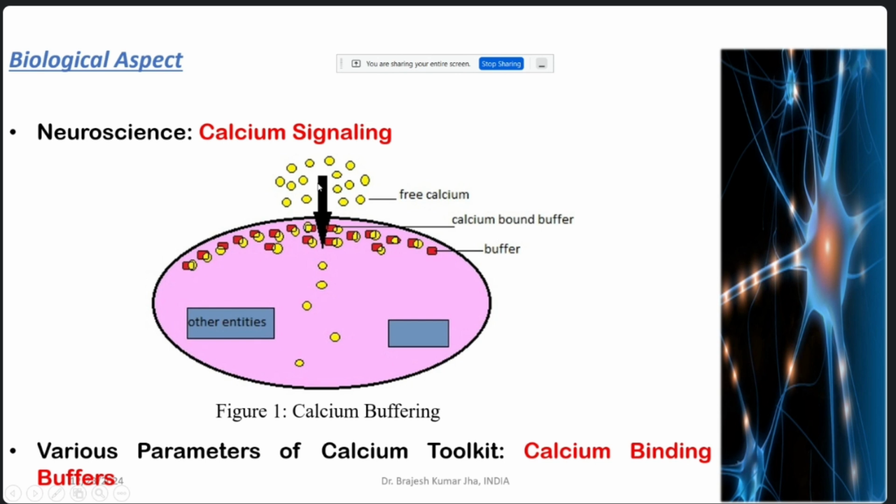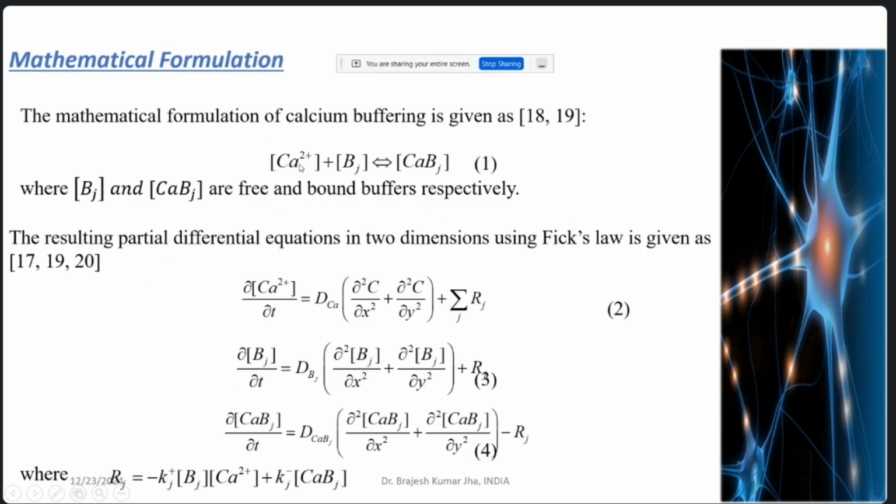This is your chemical reaction as told earlier. A plus B equals C, so here it is Ca2+ plus Bj, a bidirectional reaction, CaBj. Buffers are there, that's why we have written the Bj. A number of reactions take place.